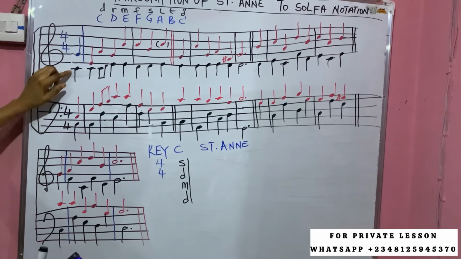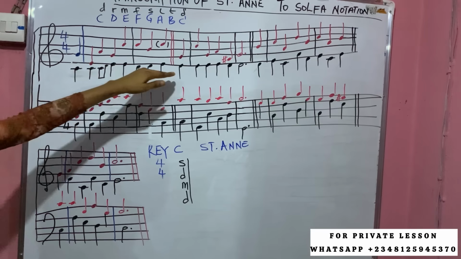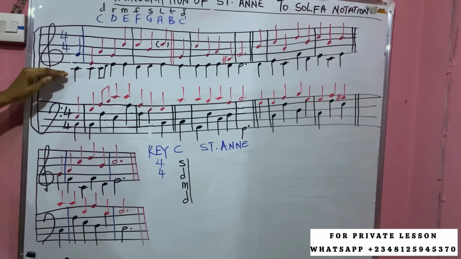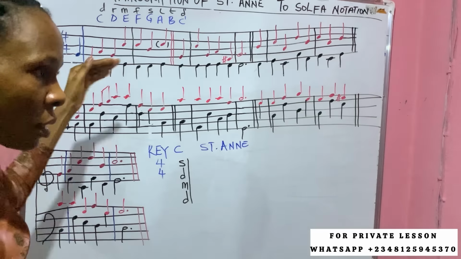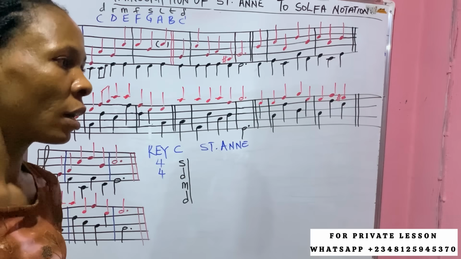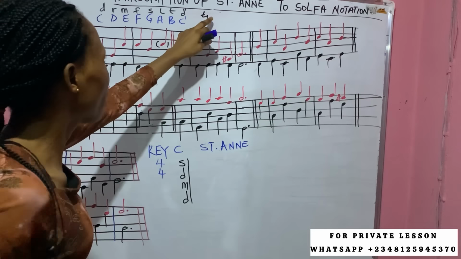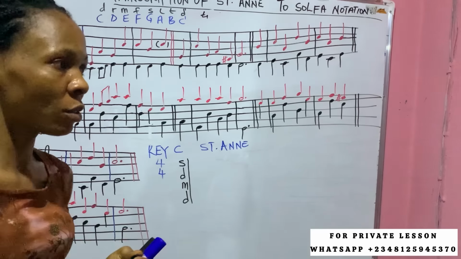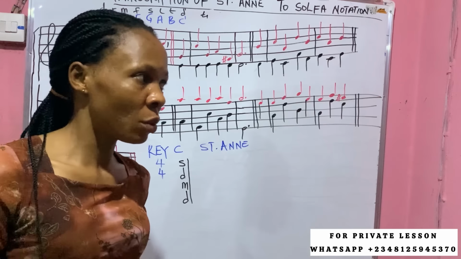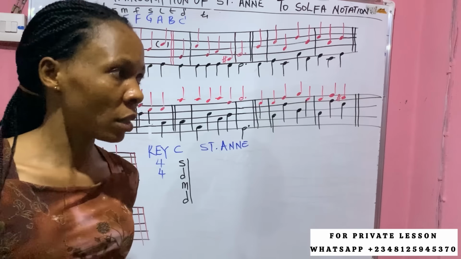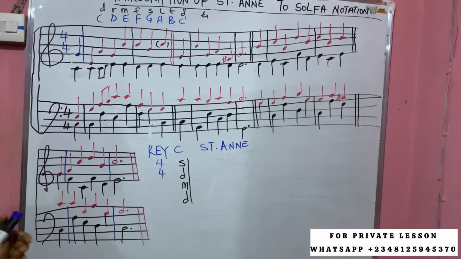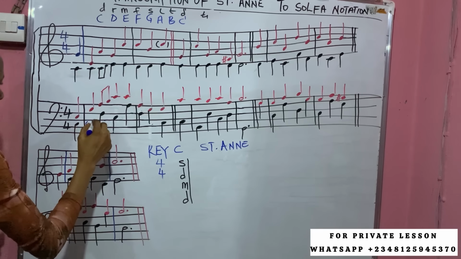Now any note below this middle C on this treble clef, you are going to subscript it. As you're going to put this. For instance, you're going to put this. Can you see where I'm putting it? That's to show that notes there are below the plain middle C note. Now on the bass clef, this is C3. This is C3 on bass clef.